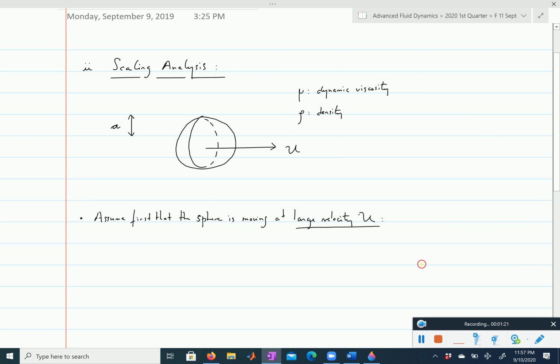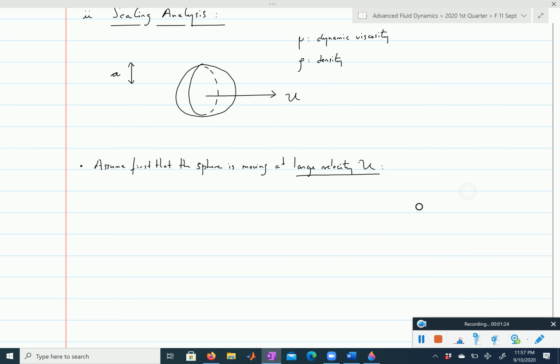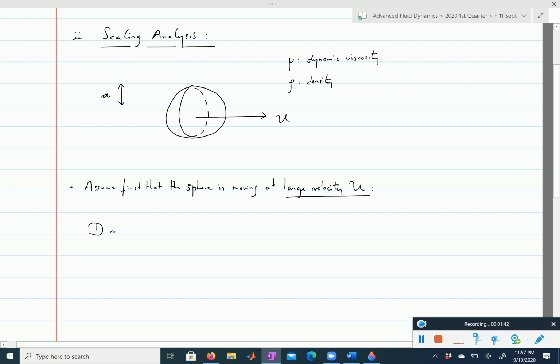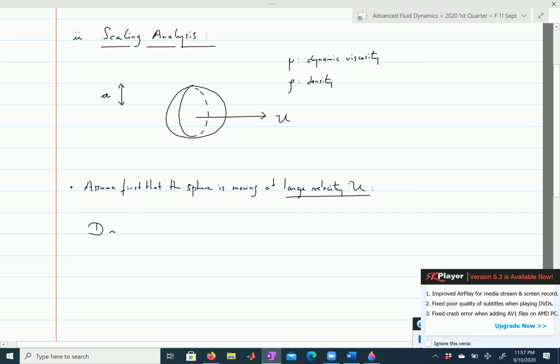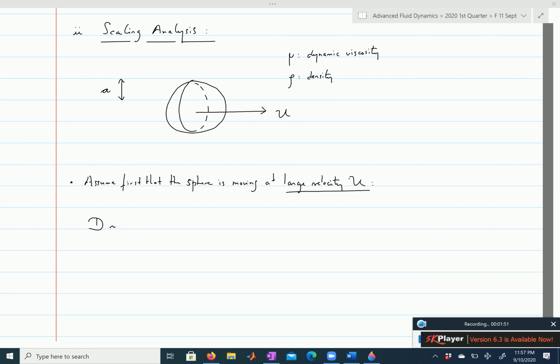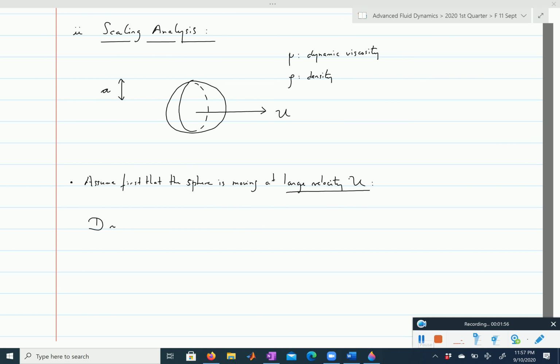Alright, so in this case we will look at the drag. So we want to know what is a scaling for the drag. And when I say scaling, then it's not a non-dimensional scaling. It's really just what is a scaling for this quantity. How does this quantity look like? Now, with some knowledge of fluids which you have from your bachelor's, you know that the drag will essentially be caused by a static pressure.